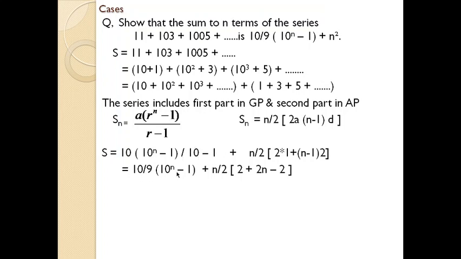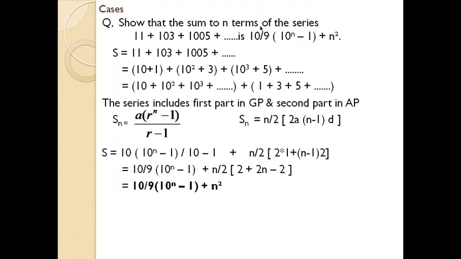That is why 10 by 9 into 10 raised to n minus 1 plus n by 2 into 2 plus 2n minus 2. Here the 2 opens the n minus 1 bracket, so you will get 2n minus 2. By solving this, you will get 10 by 9 into 10 raised to n minus 1 plus n square.